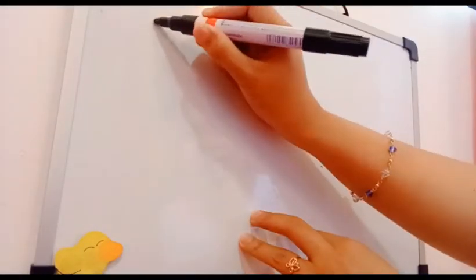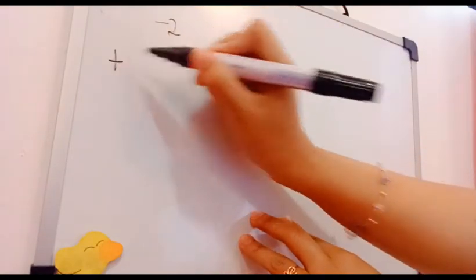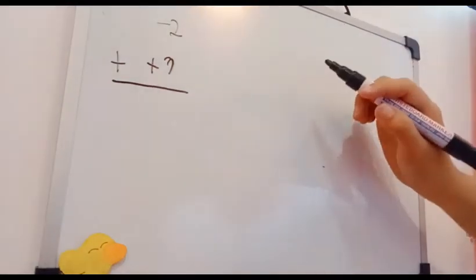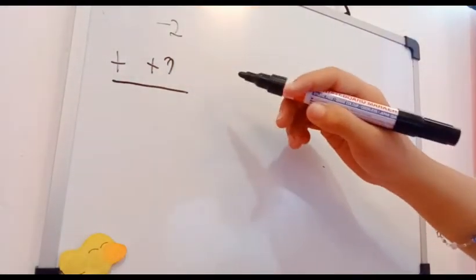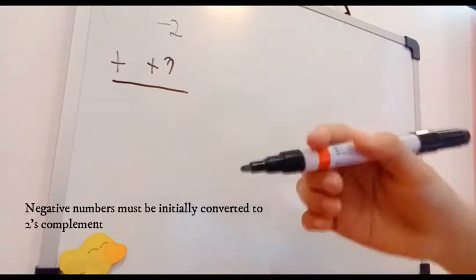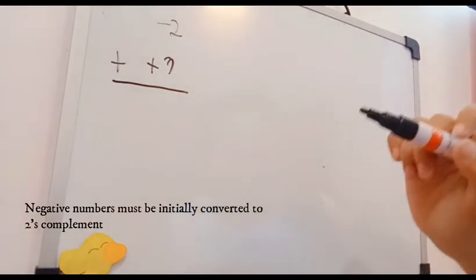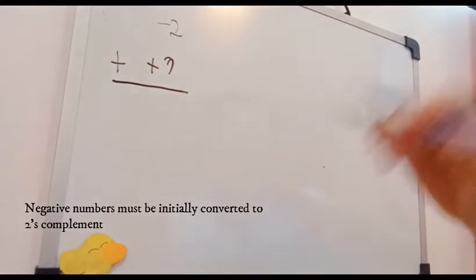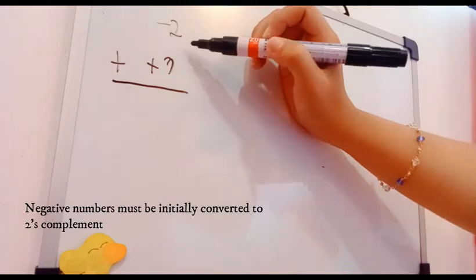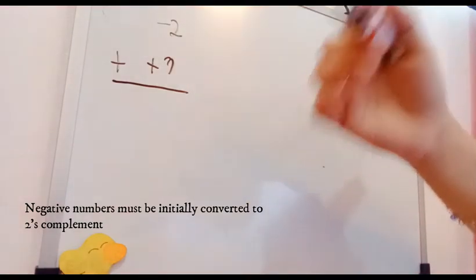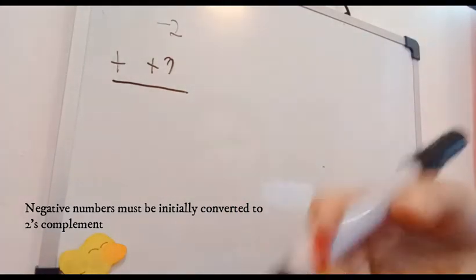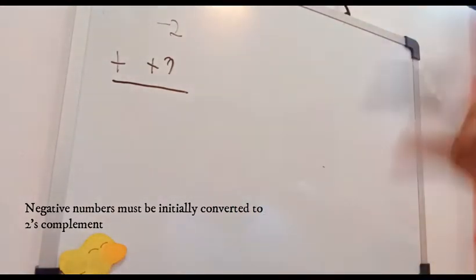Okay, let's say negative 2 plus positive 3. So, we're going to apply here the things that I've stated kanina. Accordingly, negative numbers must be initially converted to 2's complement. So, negative ang etong given na to. Therefore, we're going to convert it to 2's complement. You just do the math, kung alam niyo naman siguro kung paano convert ang negative numbers to 2's complement, right?